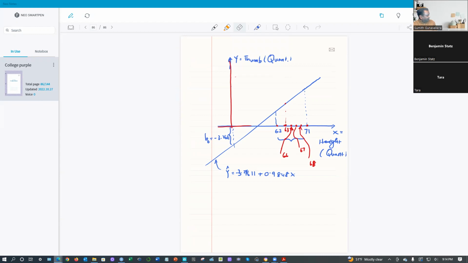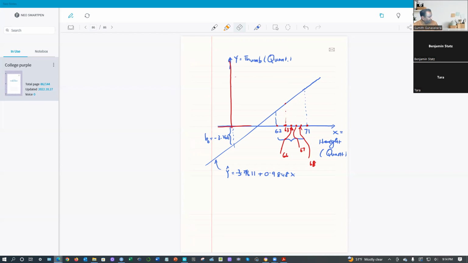So when height is 62, what is the value for this one? The 62 value they haven't given here. Let me check the estimated value. No, the estimated value we have to calculate and get. Calculate means running the model now.